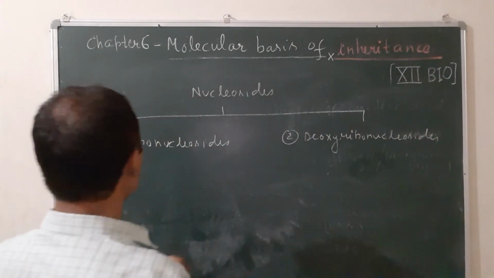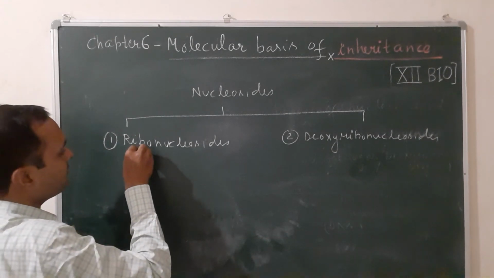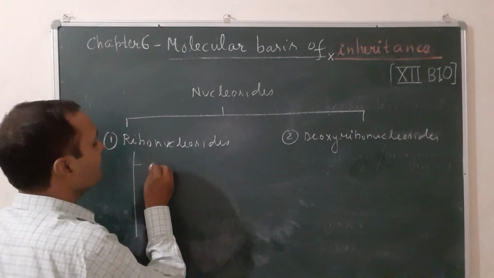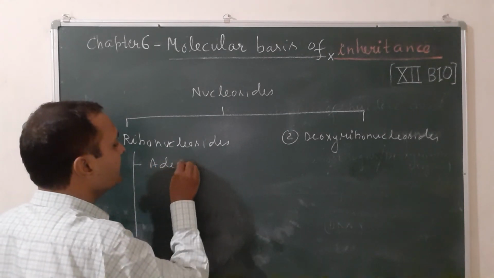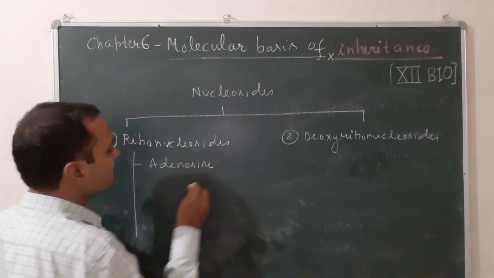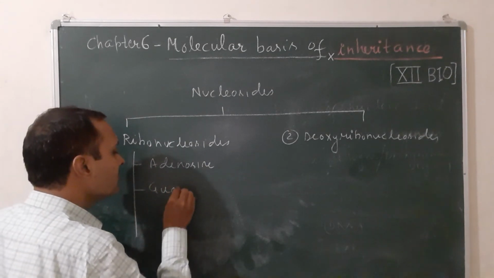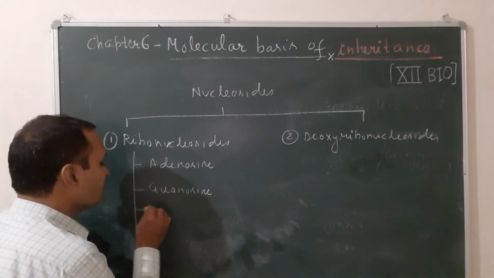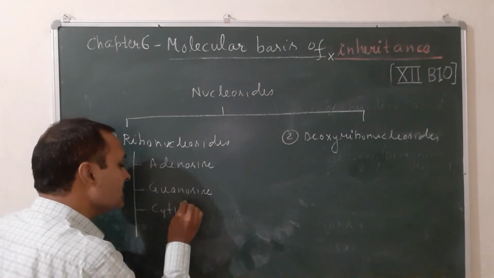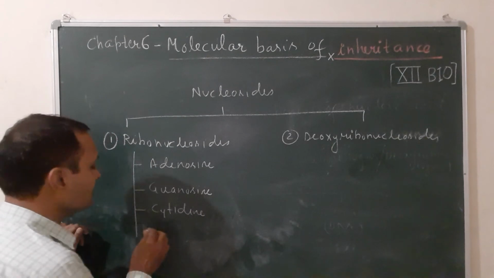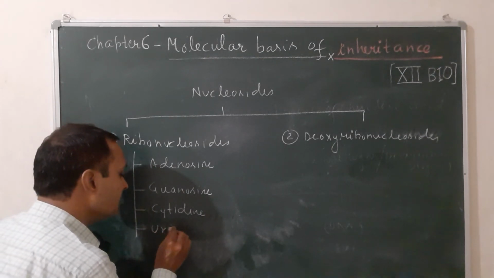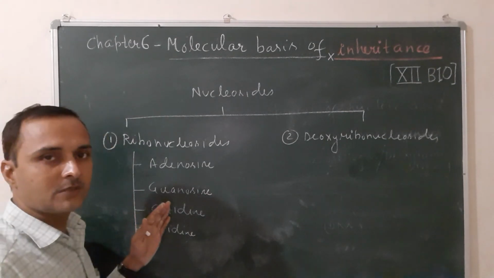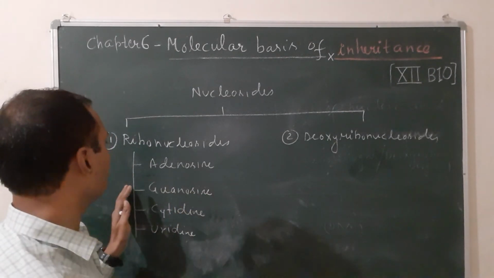Okay, and the name of ribonucleosides in RNA, you know there are four bases except thymine. When the base is adenine it is called adenosine, when the base is guanine it is called guanosine, when the base is cytosine it is called cytidine, and when the base is uracil it is called uridine. You know thymine is absent, so only four bases possible and four ribonucleosides possible in RNA.